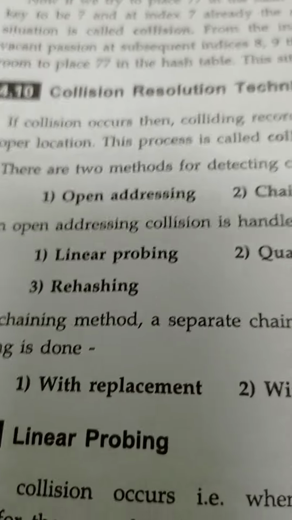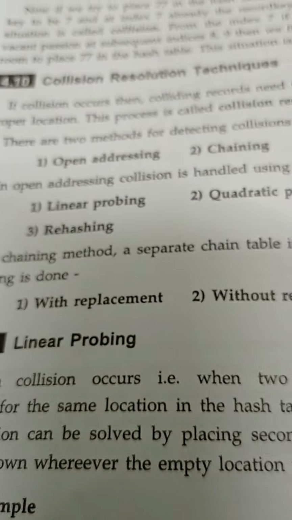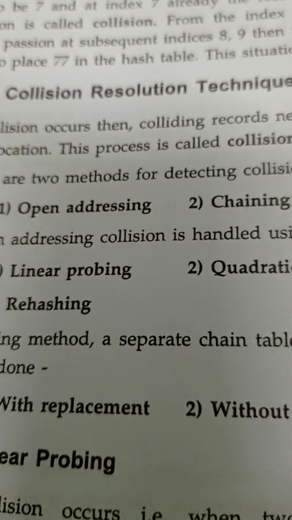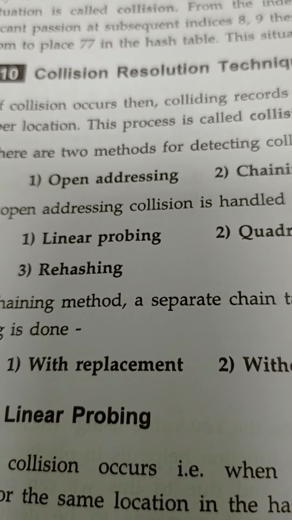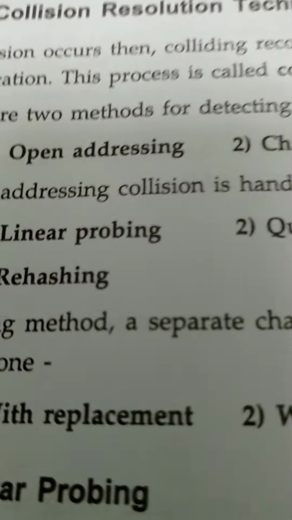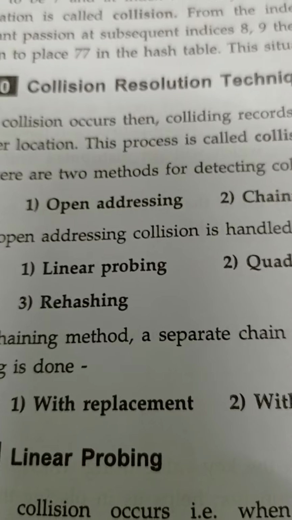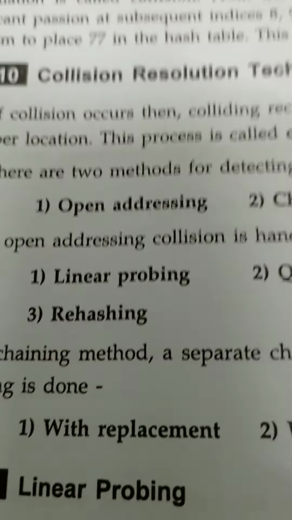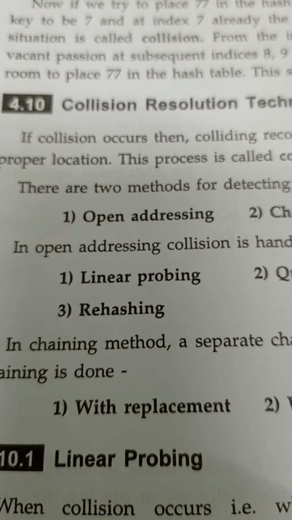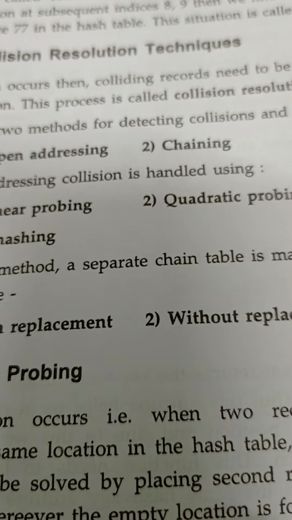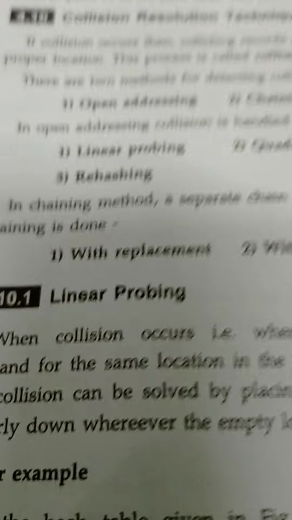Then how can we overcome or resolve the collision? There are so many methods. Using those we can avoid collision, or we can resolve the collision. The different techniques are open addressing and chaining.